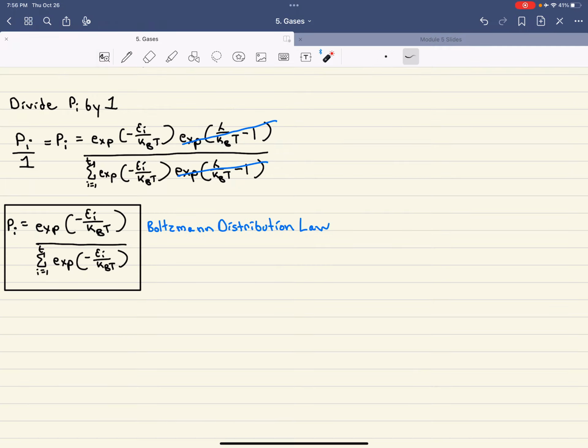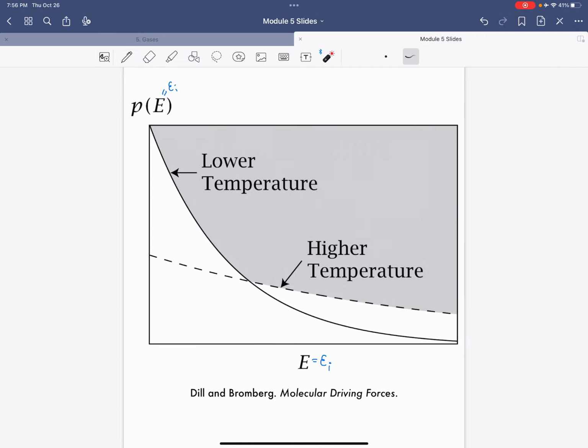And so according to this Boltzmann distribution law, if we increase the temperature of the system, it's going to flatten out the distribution. So now, rather than just having a high probability at low energy levels, the probability that a particle is in the various energy levels is much flatter.